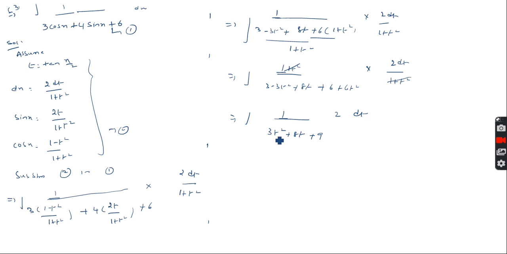What is the form? The form is 1 by ax square plus bx plus c. This is the form, and we simplify this one.